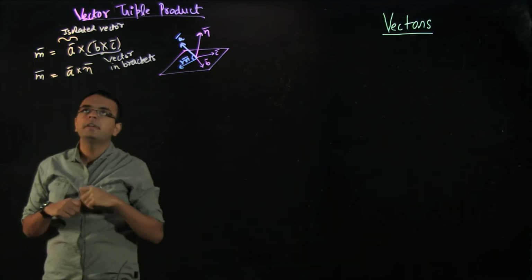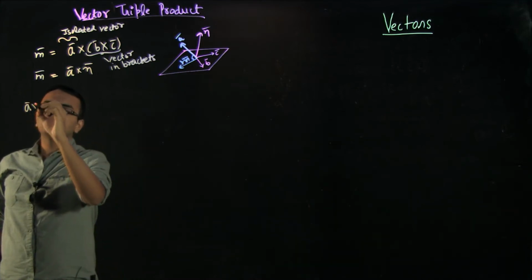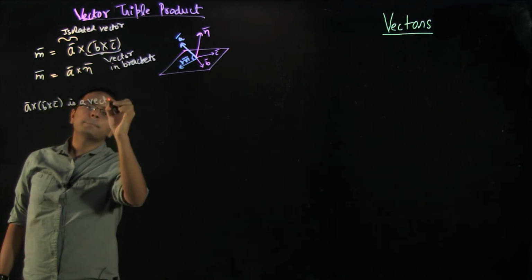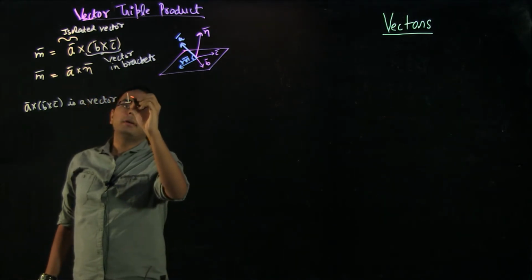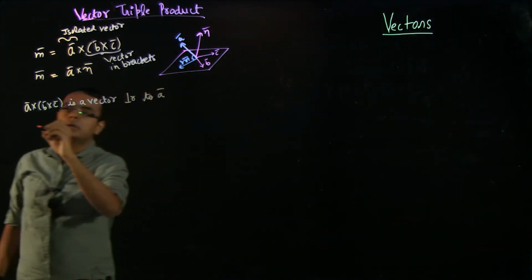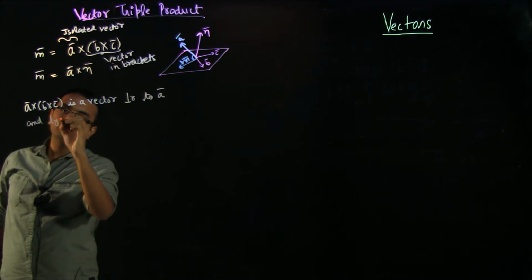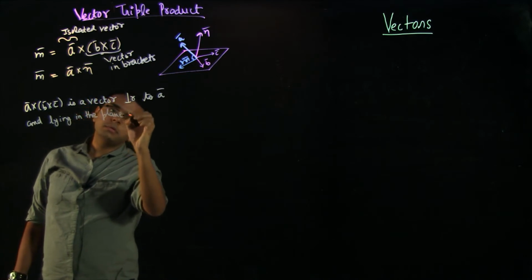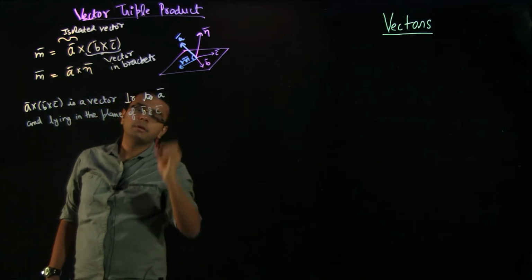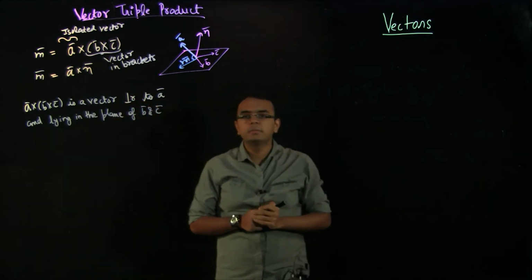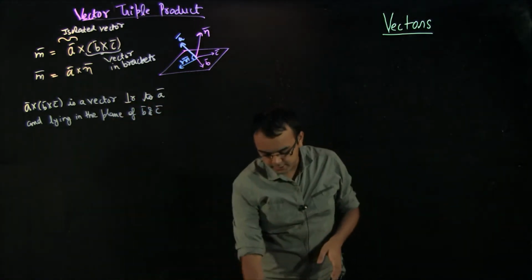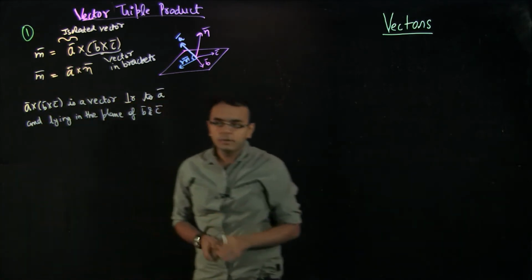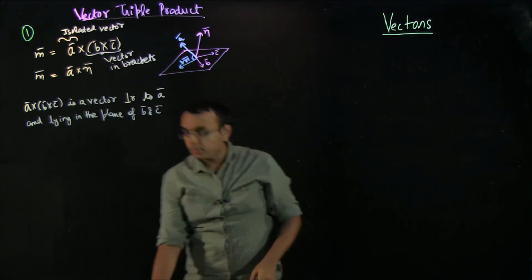So what we are saying is that A cross (B cross C) is a vector perpendicular to A and lying in the plane of B and C. This is the first thing I really want to emphasize: this is how we should think about A cross B cross C.